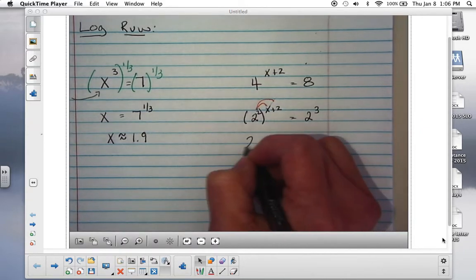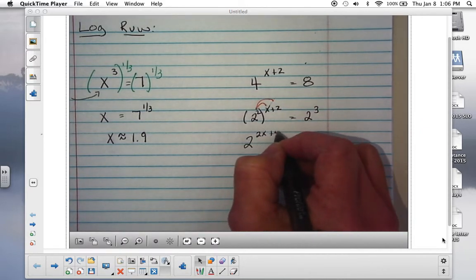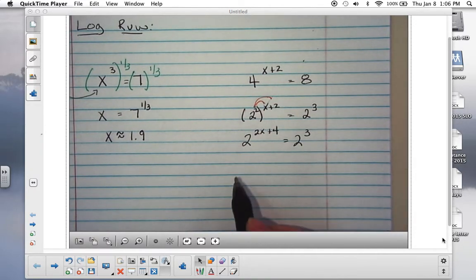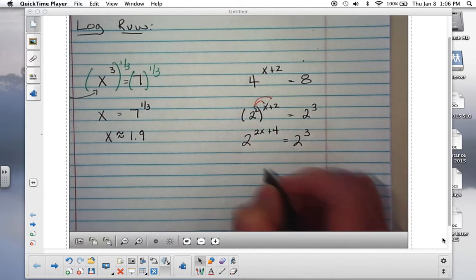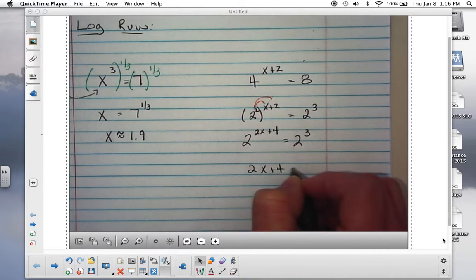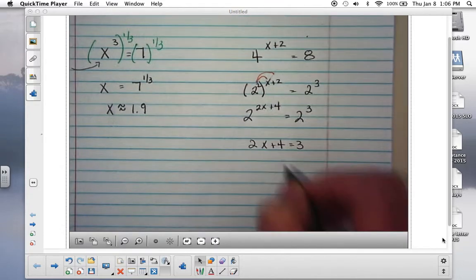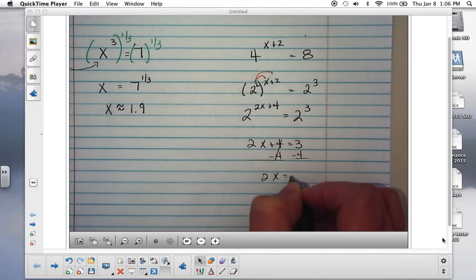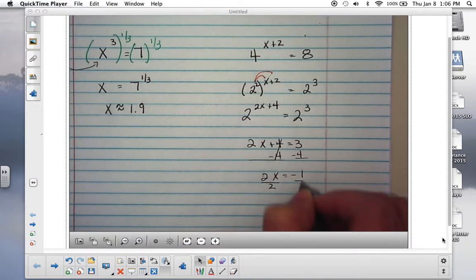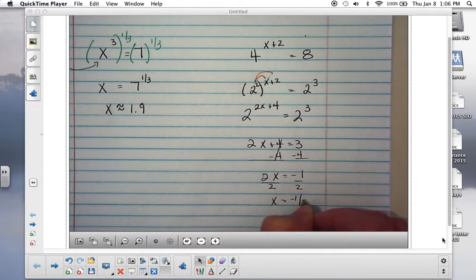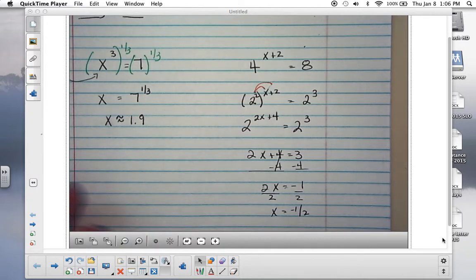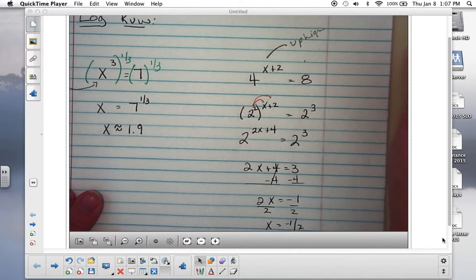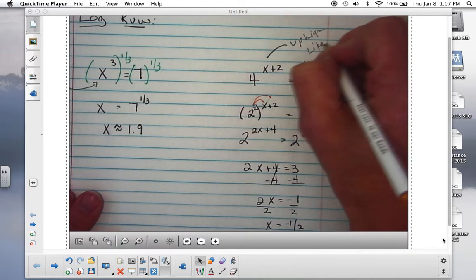So I'm going to get 2 up to the 2x plus 4 equals 2 to the 3rd. And once I've got that, I drop the bottom 2's and just set the tops equal. 2x plus 4 equals 3. And then we'll solve just the top part, the exponent. It looks like my answer here is going to be -1/2. So this is when the x is up high here in the exponent, you get like bases.